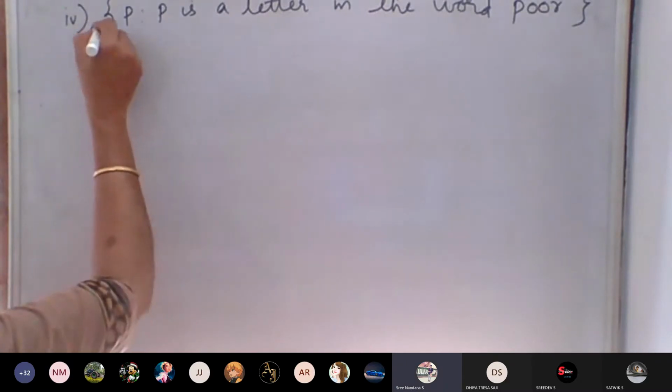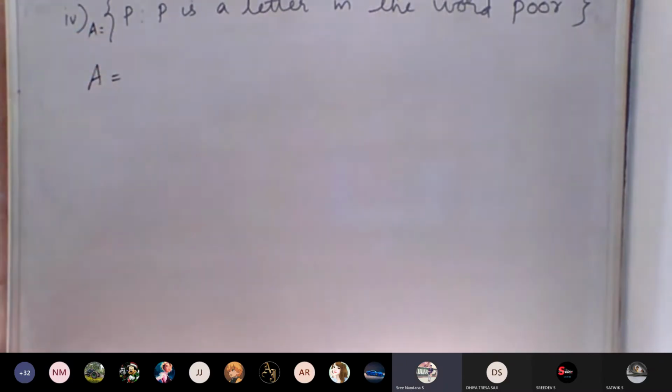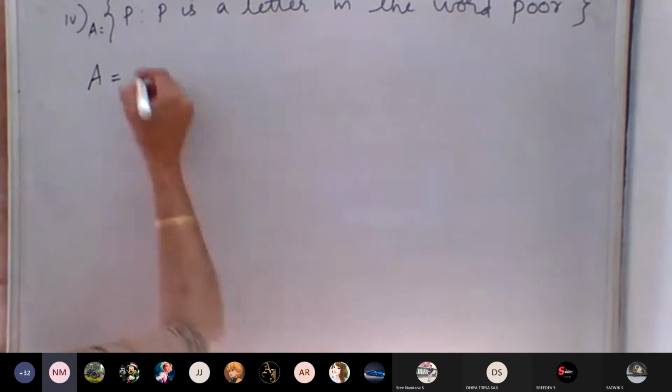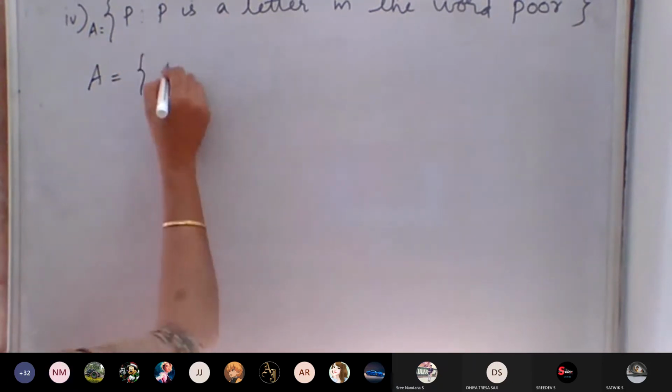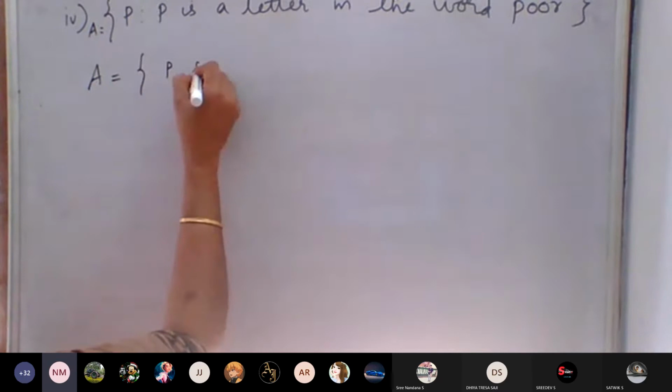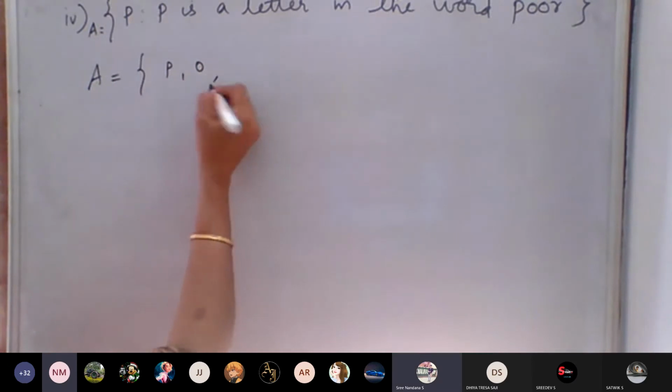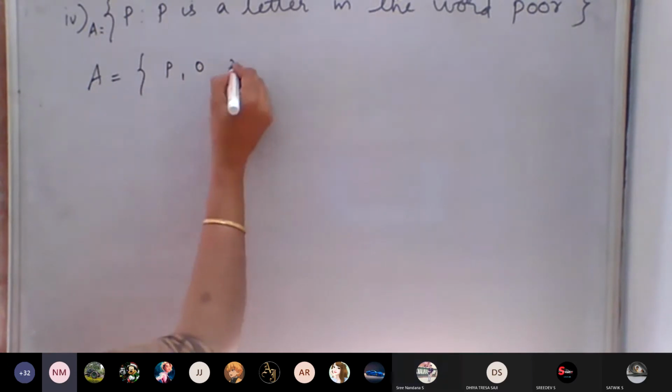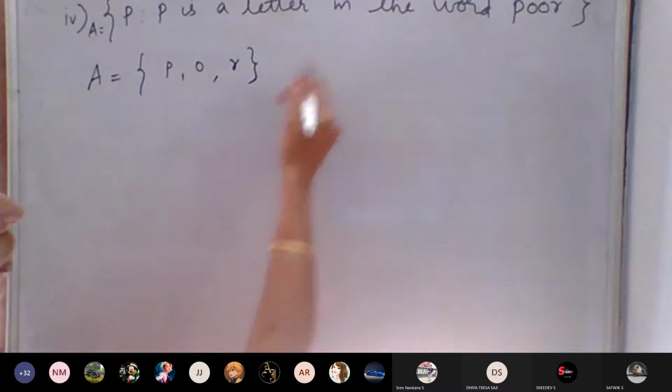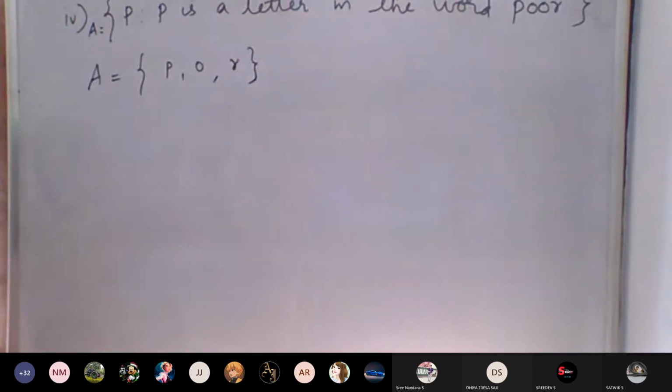So we can write this as P, O, O, R, and we can name this set A. Set A is equal to {P, O, R}. Repetition is not counted, so no need of writing O again.